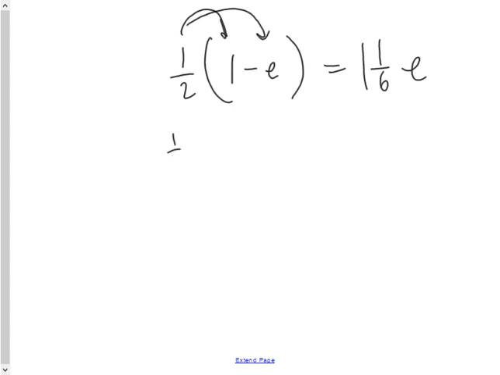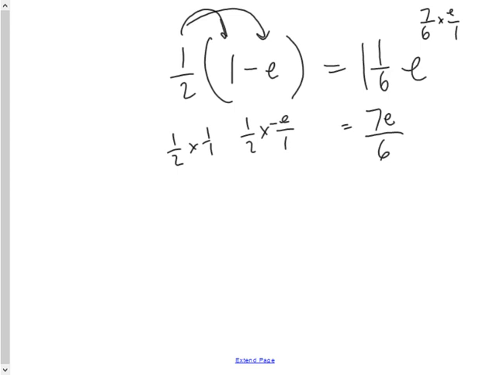I'm going to rewrite a half multiplied by 1 over 1, and a half multiplied by negative E over 1, equals 7/6 E, or if you want to rewrite that, since it's multiplication, 7/6 E would really be 7E over 6. Because again, 1 1/6 is an improper fraction, multiplied by E, which is what a coefficient does. Multiply the numerators, you get 7E. Multiply the denominators, you get 6.